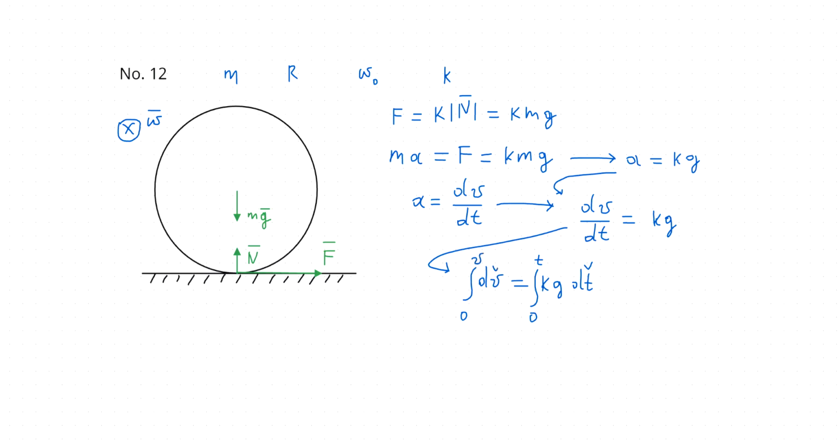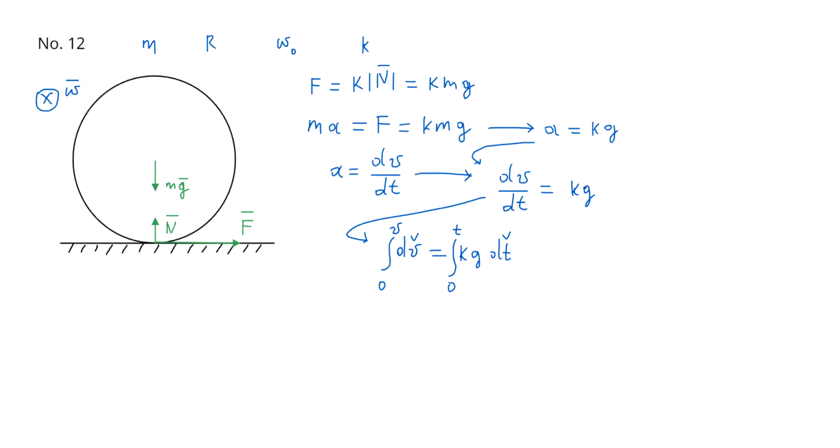After calculating these integrals, we will get that v is equal to kgt. Yes, it is the dependence of velocity on time.